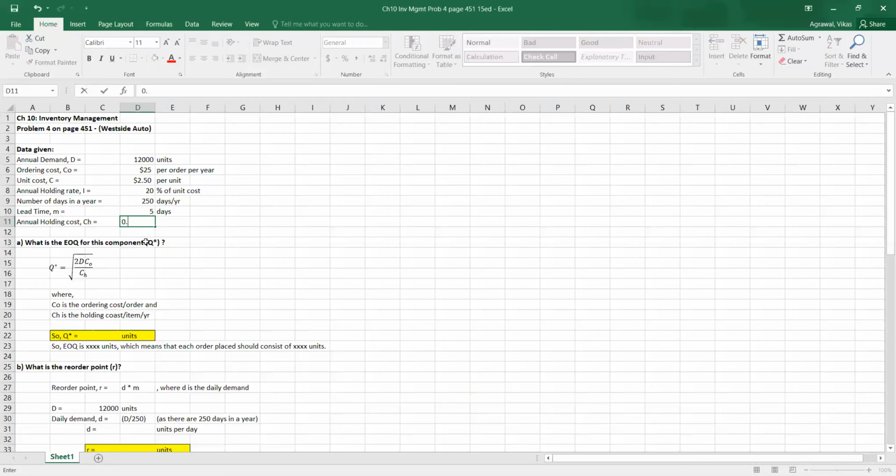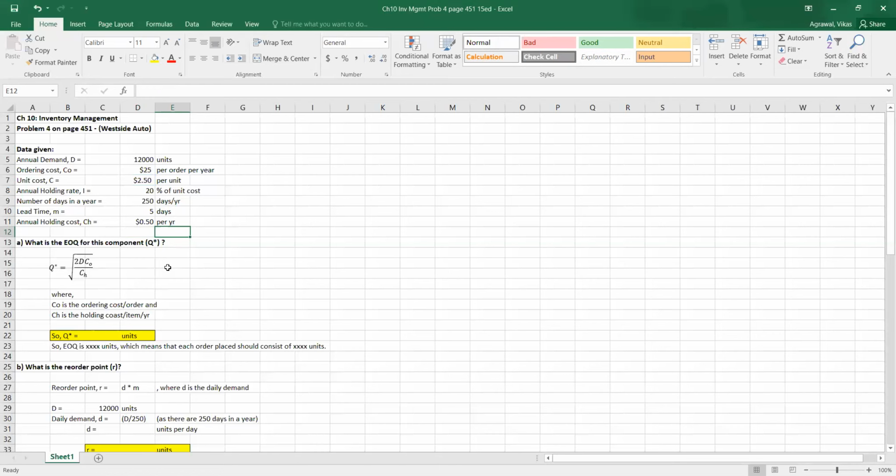So I'm going to say equals 0.2 times 2.50. So that's going to be this much dollars per year. So if you need to carry one component throughout the year, it's going to cost you 50 cents.